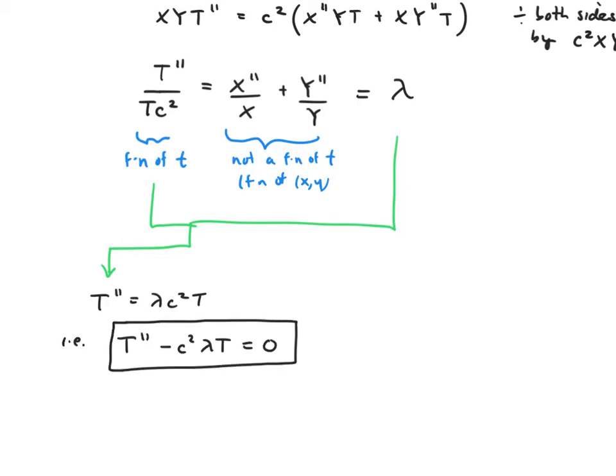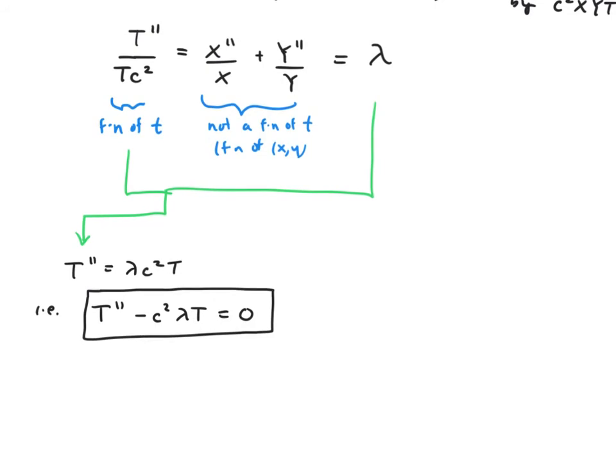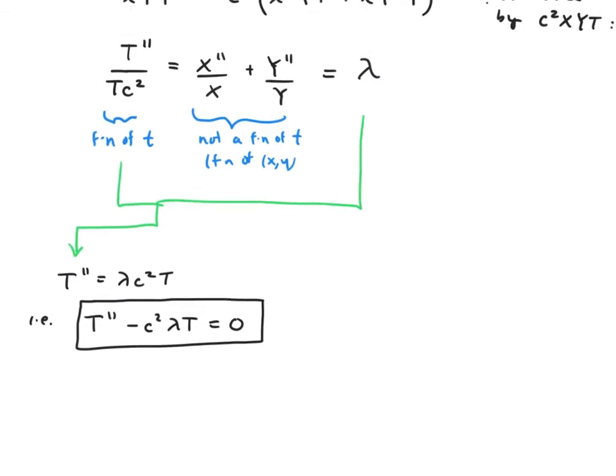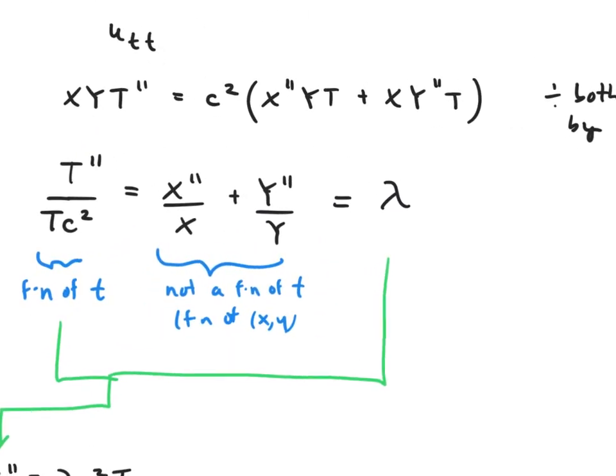All right, so there's one ODE, not a particularly challenging one either. You might imagine sines and cosines coming out of that, but we won't get ahead of ourselves here. I still want to keep mining other observations out of this relationship up here.